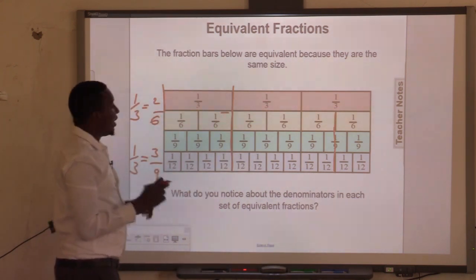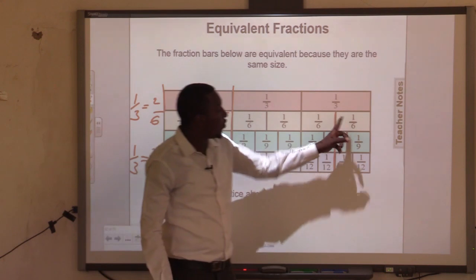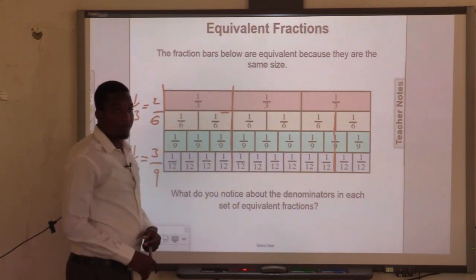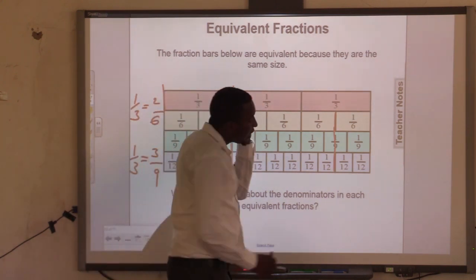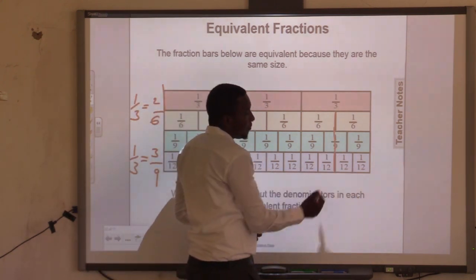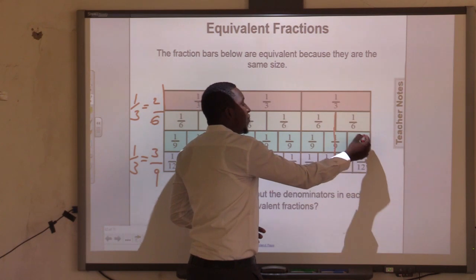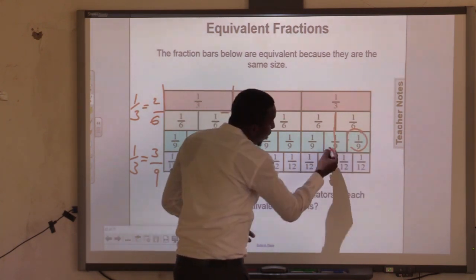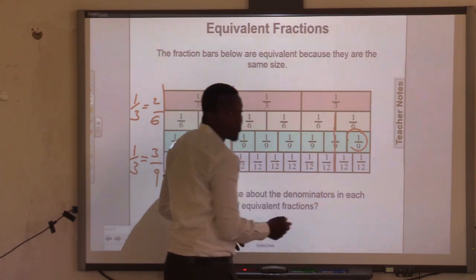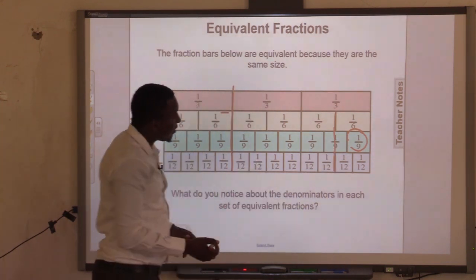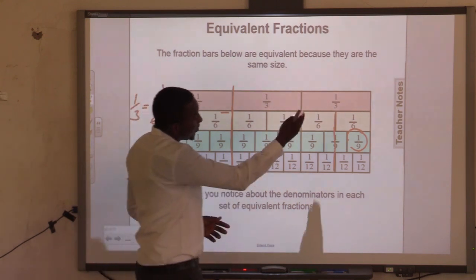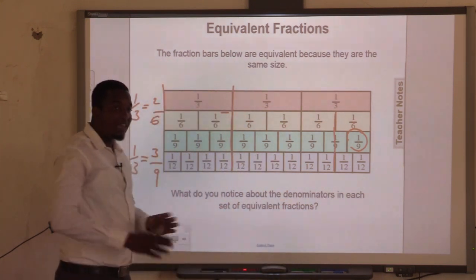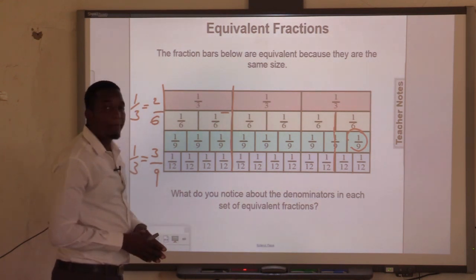So we want to see if a part in the 1/6 will be equivalent to some parts in the 1/9. As you can see, if you do the direct comparison, we have 1/6 there, 1/9 there, but the other 1/9 is being divided by 2. So we'll come to realize that 1/6 cannot be equivalent to 1/9. So that is out of the game.